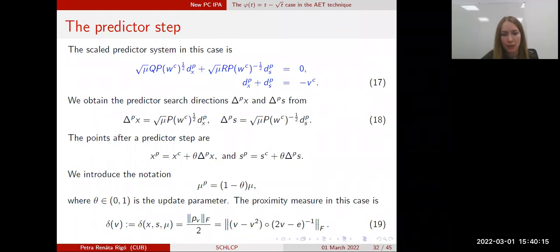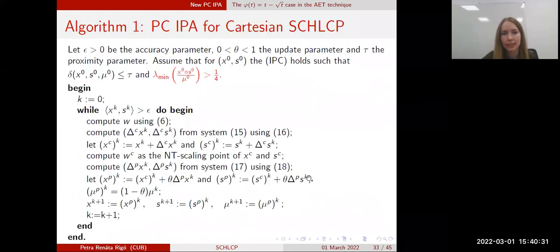In our case, the proximity measure will be this, where this is the Frobenius norm. And we can see from here, from this 2v minus e, that we will need an extra assumption, which I have already shown at the beginning of the algorithm, namely that this minimum eigenvalue should be larger than 1/4.